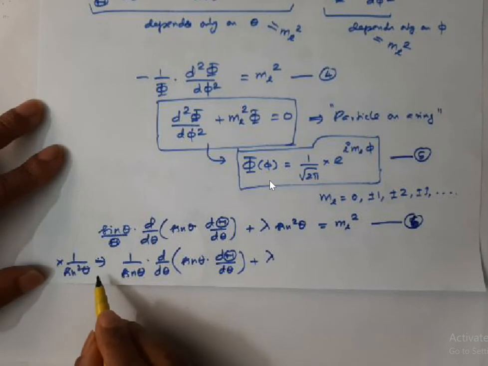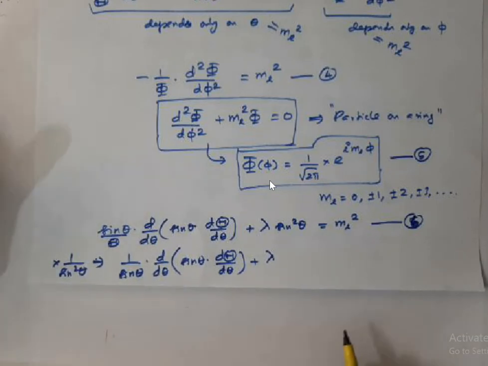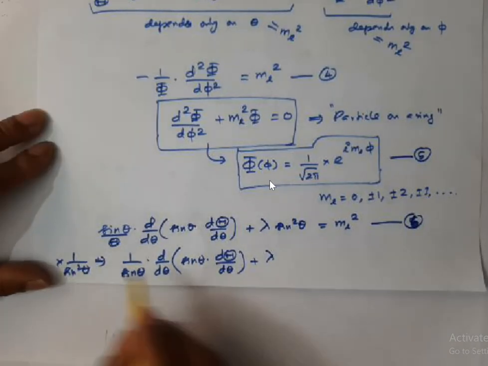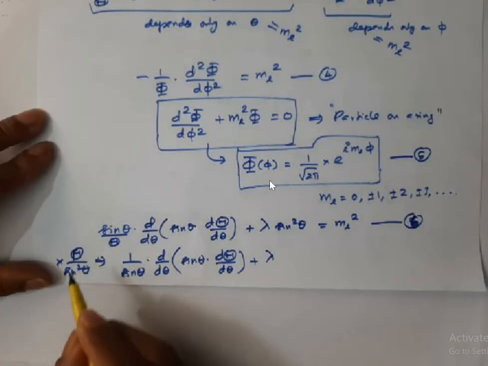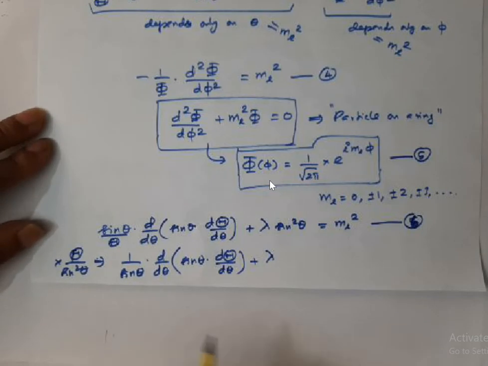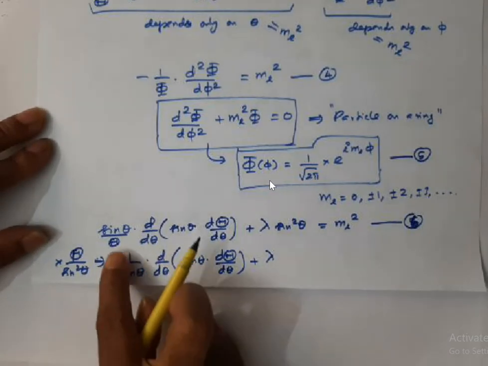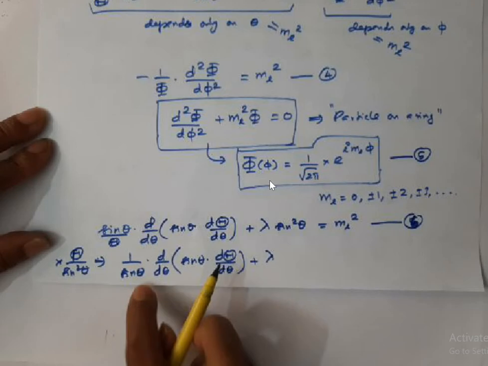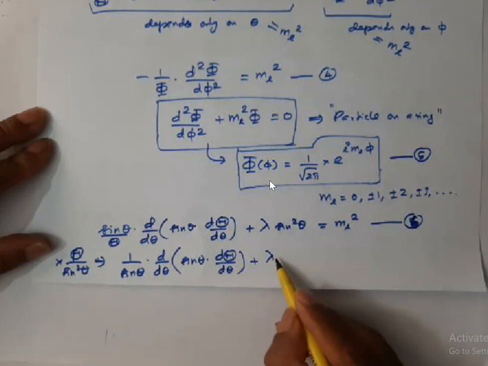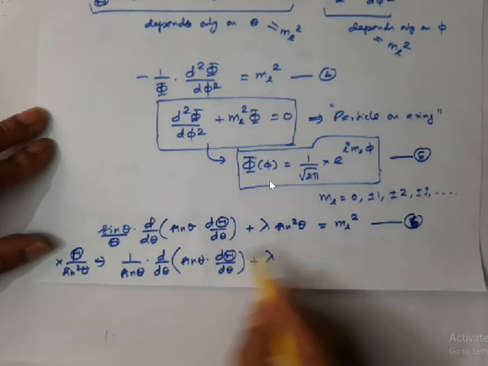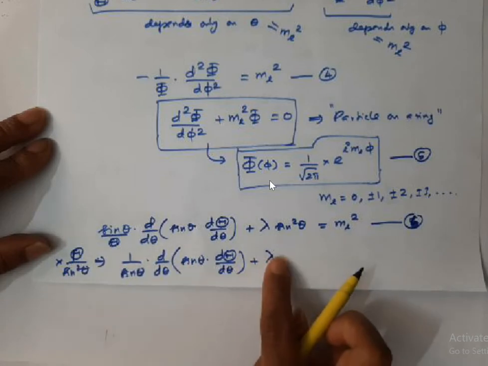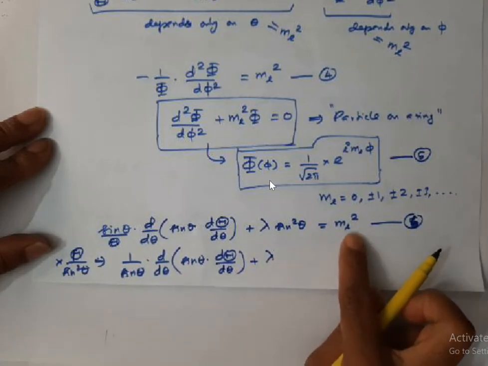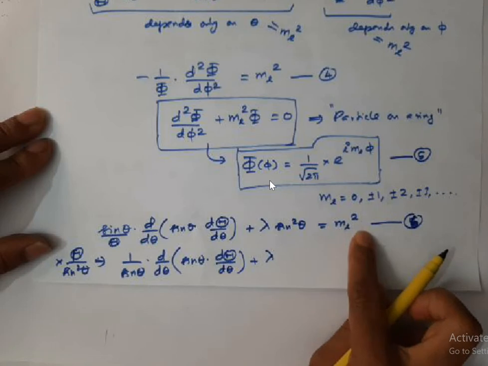So I'll simultaneously multiply throughout the equation by big theta by sin square theta. Here theta cancels, and you'll get 1 by sin theta. Here lambda into big theta will come, since sin square theta cancels. Here I'll get ml square big theta by sin square theta.